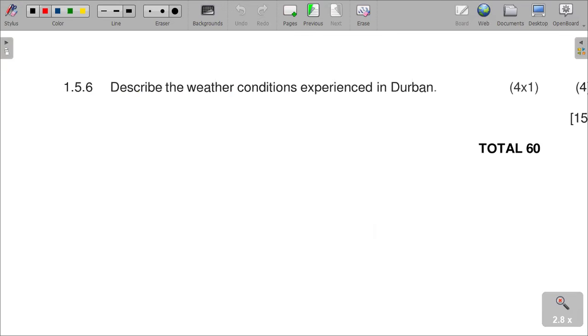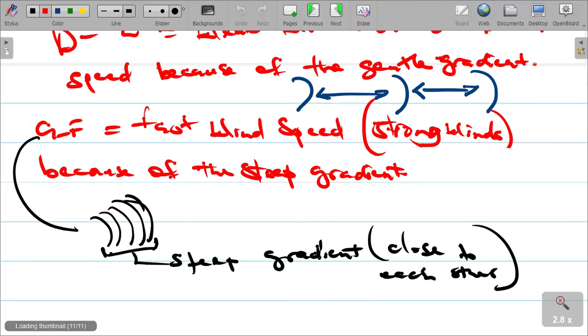In Durban we have air temperature and dew point temperature. We have to look at the diagram there.